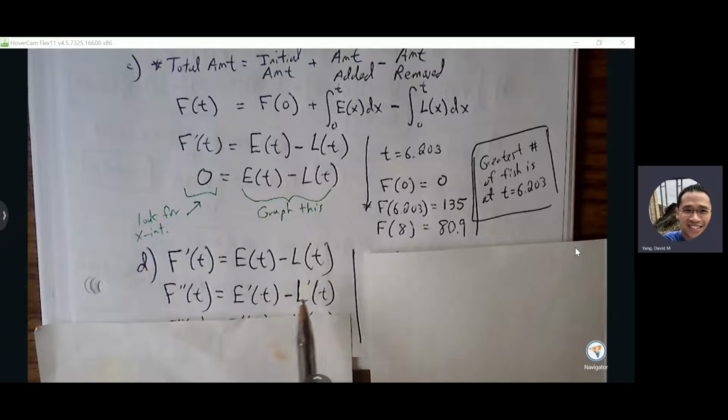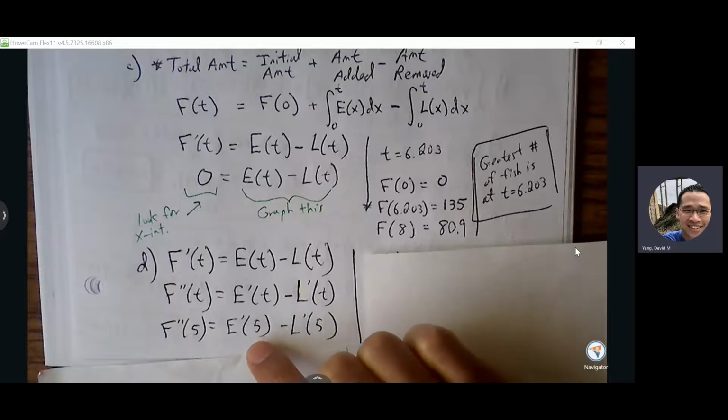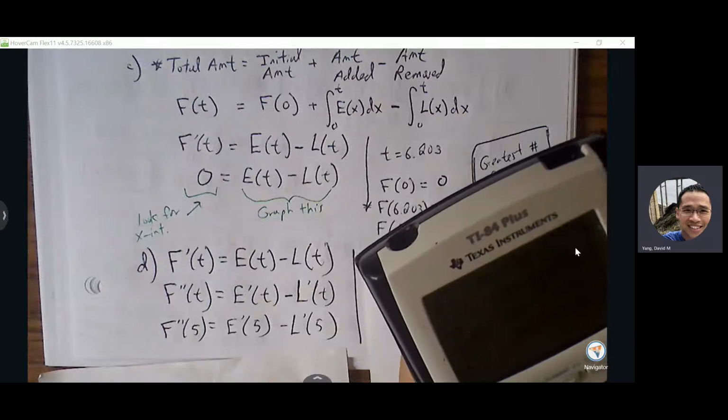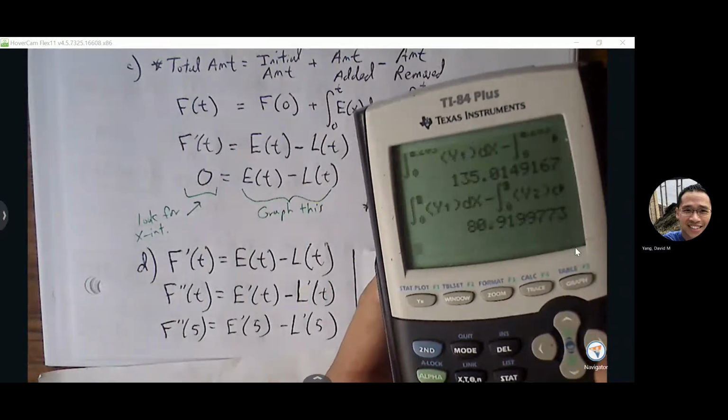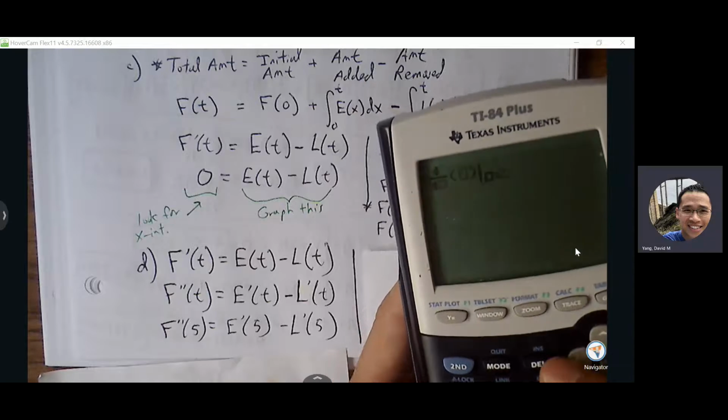We can simply go through and plug in 5 into my formula. So E prime of 5 minus L prime of 5. We can make the calculator do this for us. Remember, our n derivative feature allows us to find the derivative at a point. So do math 8, d over dx.